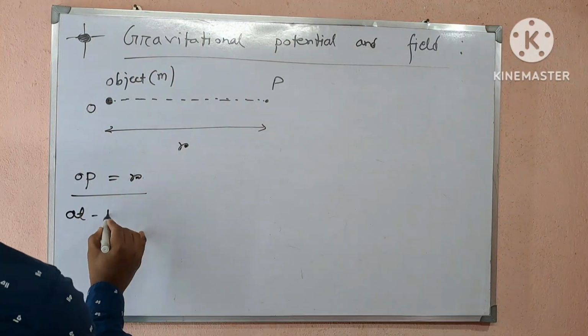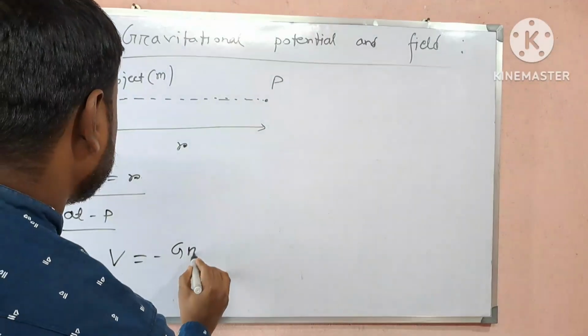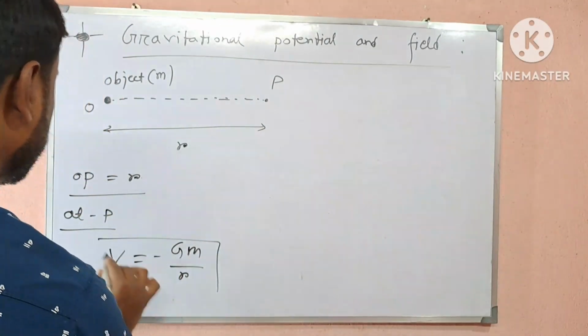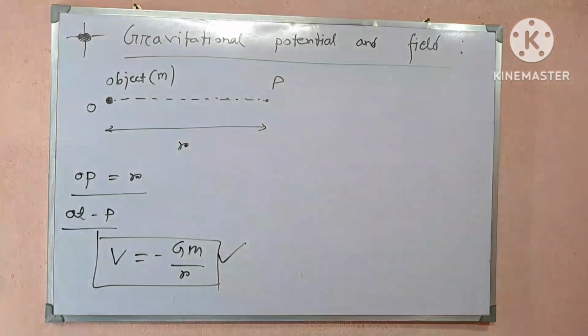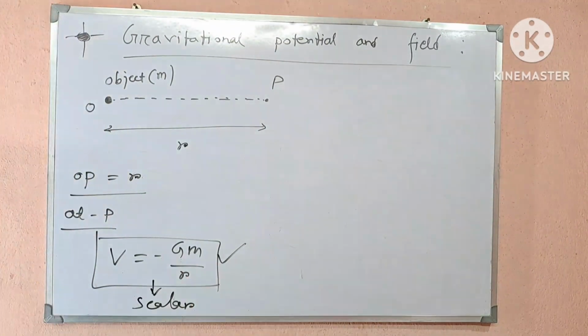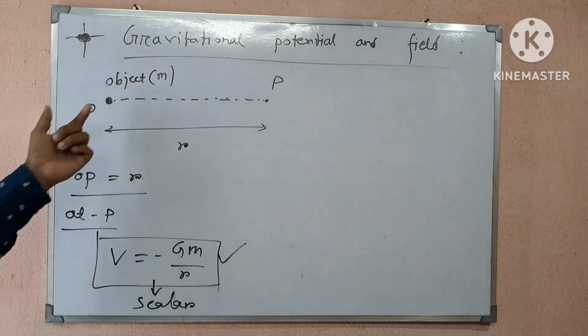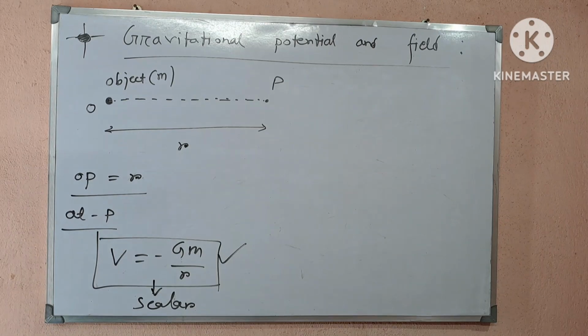Now at P, the gravitational potential is V equal to minus Gm by r. This is the formula of gravitational potential and it is a scalar quantity. We basically use the capital V symbol to represent gravitational potential.